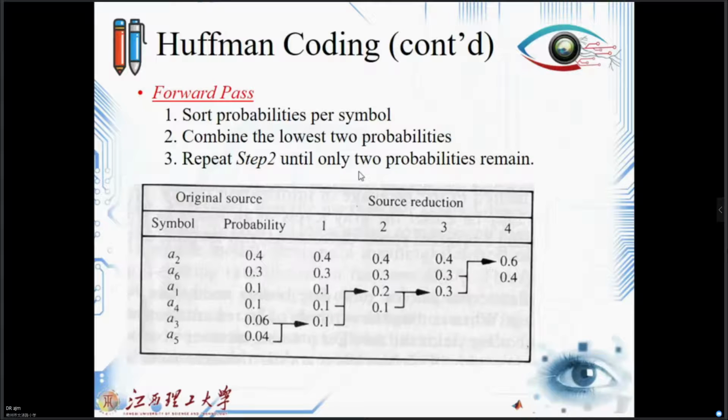Suppose for the data that I show you here, I have the symbols from A1 to A5. First of all, I sort my data based on the probability that I have.